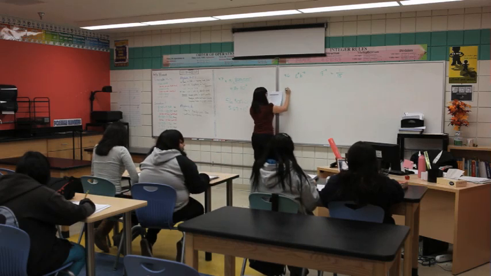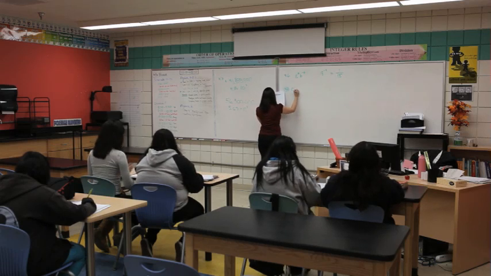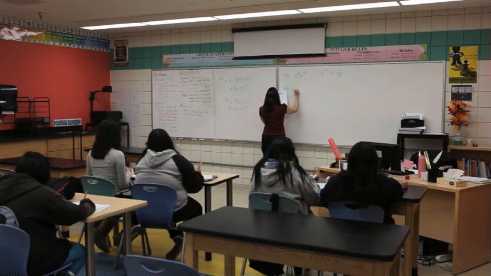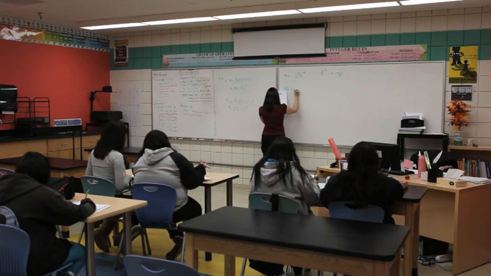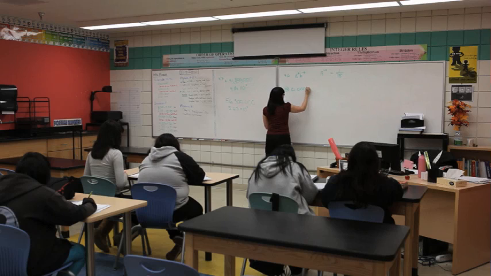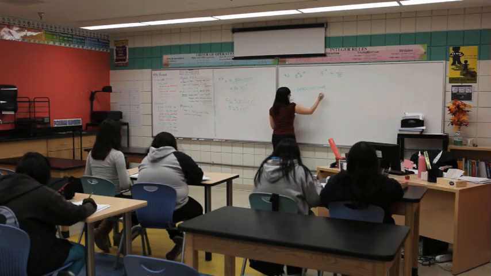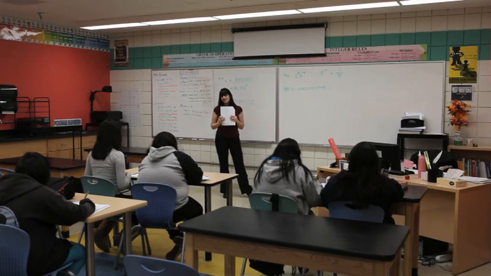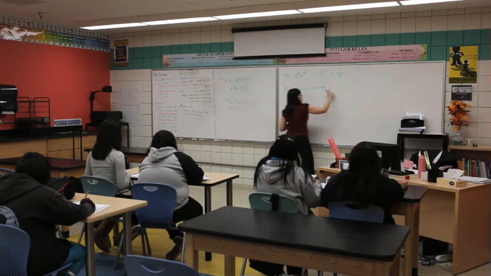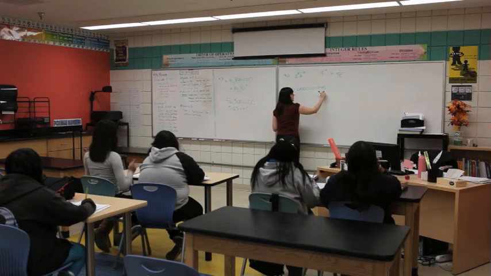Okay, so for 42, we have 0.000000745. It's gone backwards. Instead of having all the zeros this way and counting this direction, we're counting in this direction.